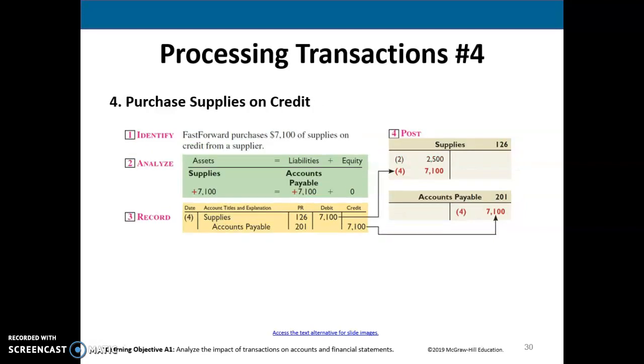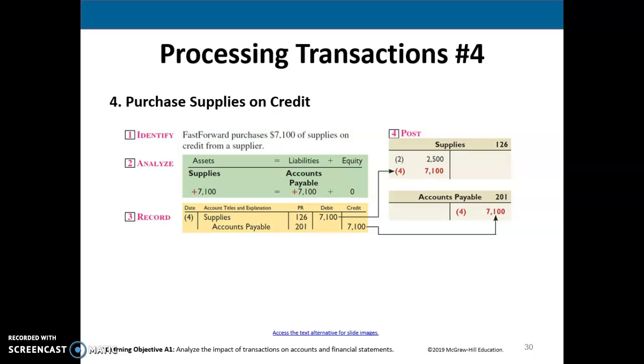All right, looking at the next one, we have a purchase of supplies on credit. So again, in chapter 1, we did steps 1 and 2. Now we're just doing step 3. So we had an increase of supplies and we increased accounts payable because we're going to pay it later. So the supplies account, an asset, is going to increase and the liability account, accounts payable, is going to increase.